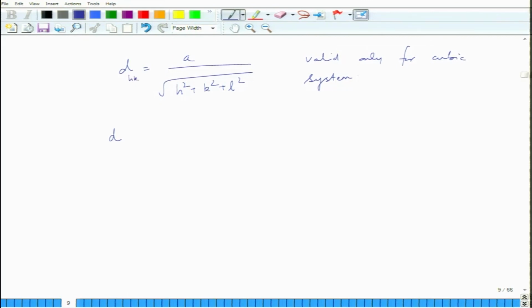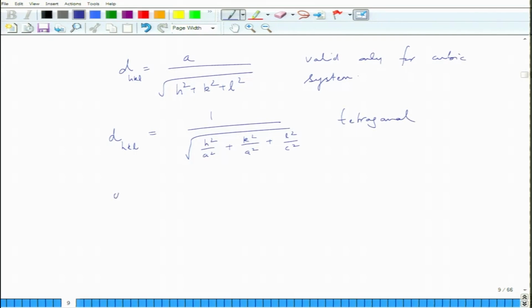So, this is D HKL. For the tetragonal system, this D HKL would be 1 over square root of H square divided by A square, plus K square divided by A square, plus L square divided by C square.